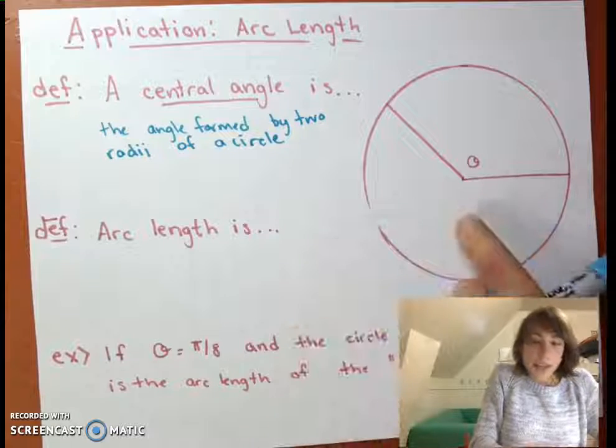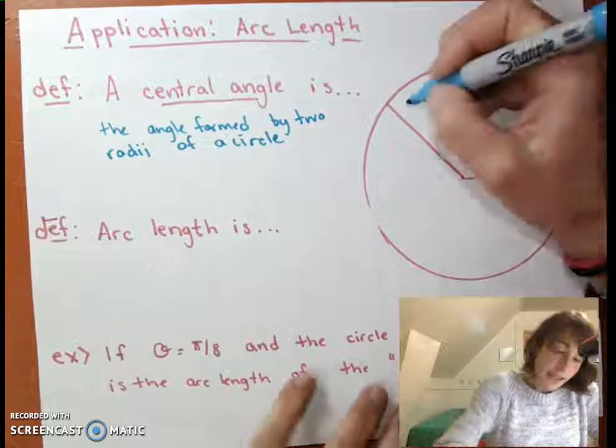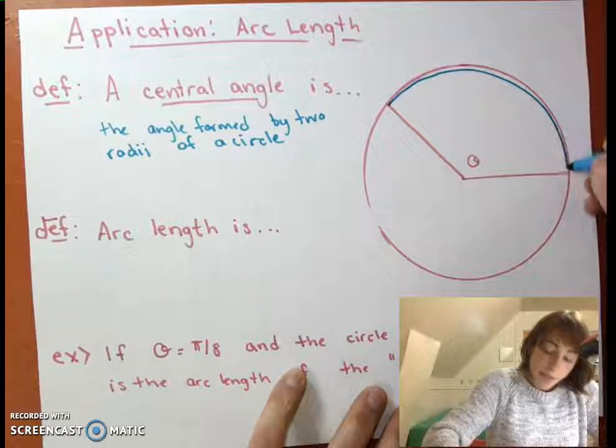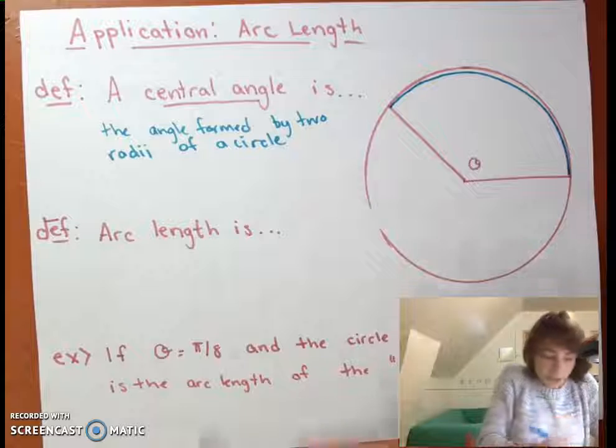Arc length is the next term that we want to define, and it's basically the distance that we travel if we walk along the outside of a circle.